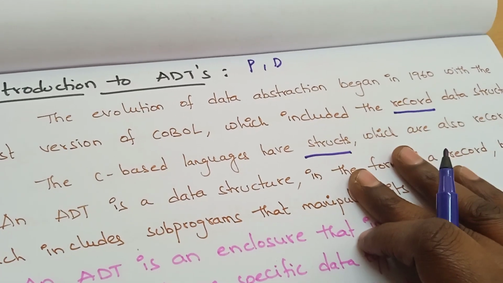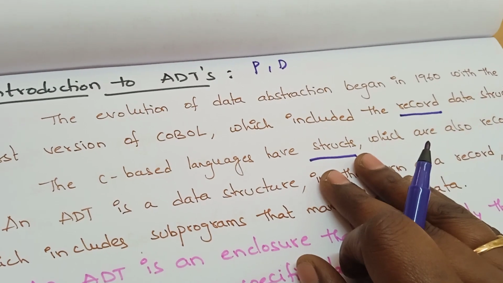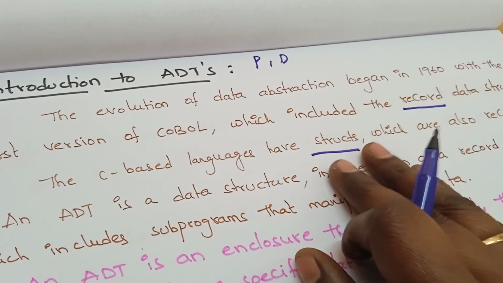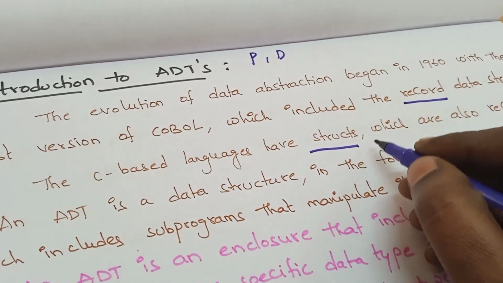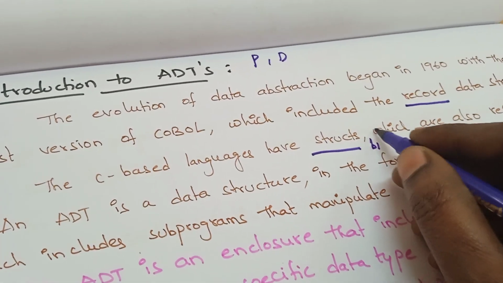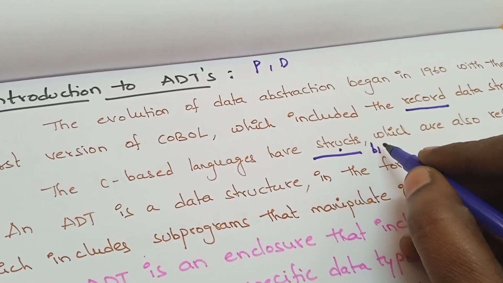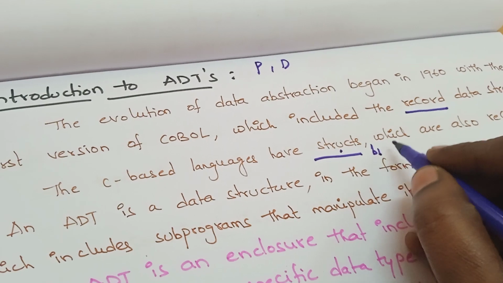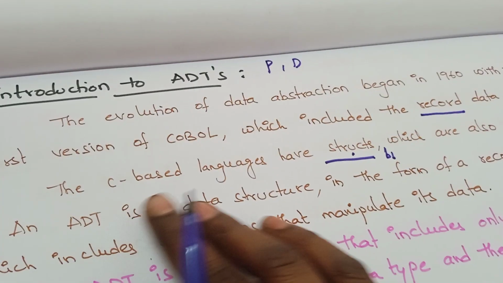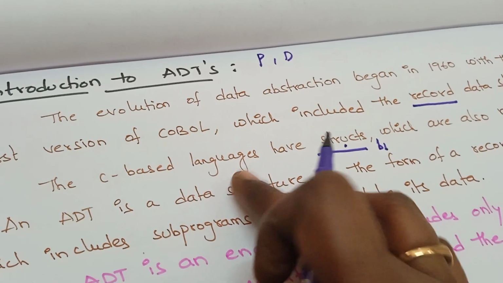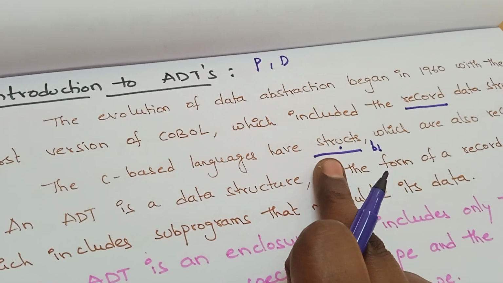If I want to create a book as my structure, we take some attributes, correct? Book name, book ID. And if I have a book object B1, whatever things I created in this structure will all be applicable to B1. I'll not specify again what B1 is going to have. So C based languages provide this process abstraction through structures.